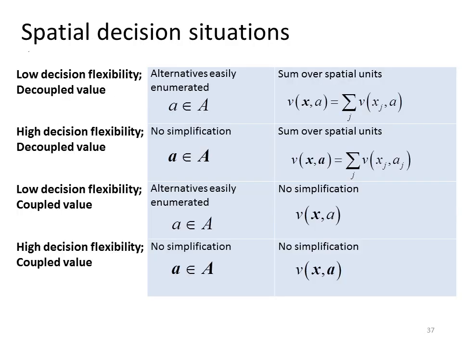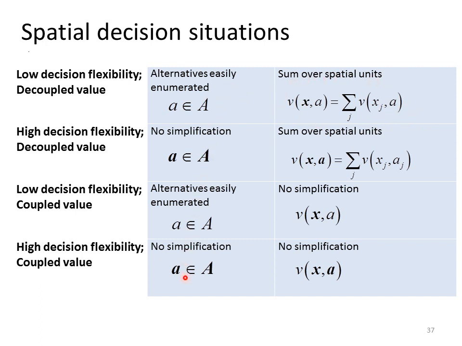So we have a spatial decision situation, and there can be different types of scenarios. Some where we have easily enumerated alternatives, a few alternatives, and the value is decoupled in the sense that the value just depends on that particular location. So we can really sum up over the spatial units.